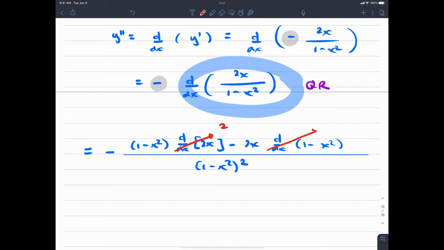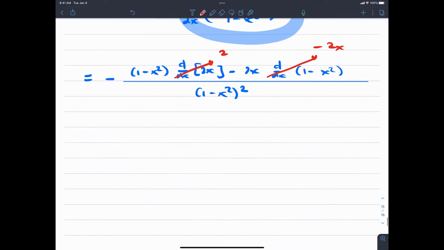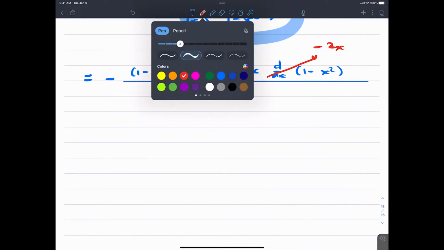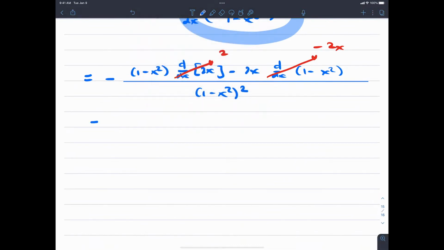We know the derivative of minus x squared is minus 2x here. So at this point now, second derivative, 1 minus x squared, you got 2 times that 1 minus x squared minus the 2x times a minus 2x.